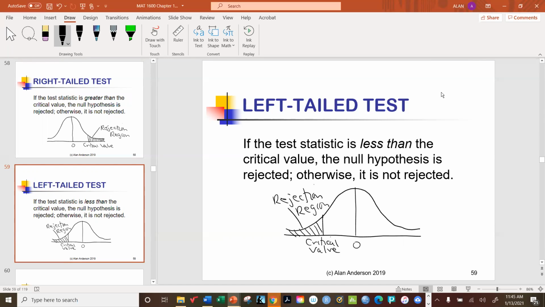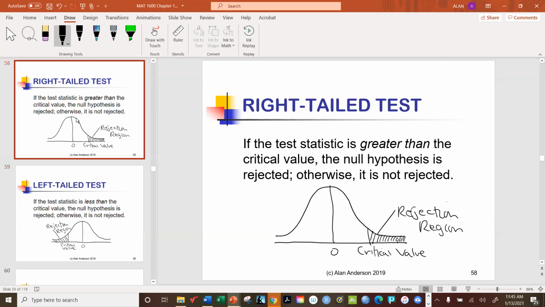And you've noticed the thing that these all have in common is that if the test statistic is what we call more extreme than the critical value, that's when we reject the null. All right, and then finally, let me add one more detail here. This area has a total area of alpha. Okay, same thing with the left-tailed test. The area equals alpha.